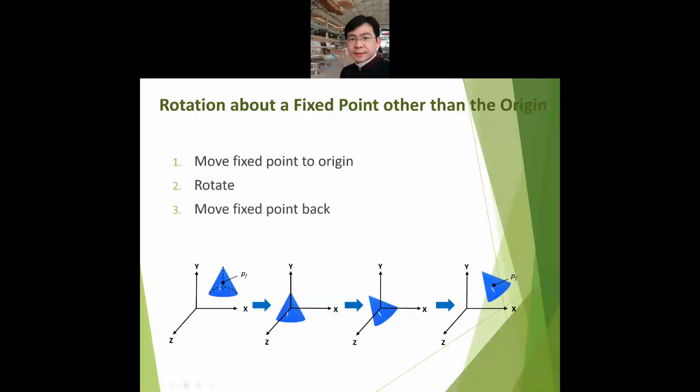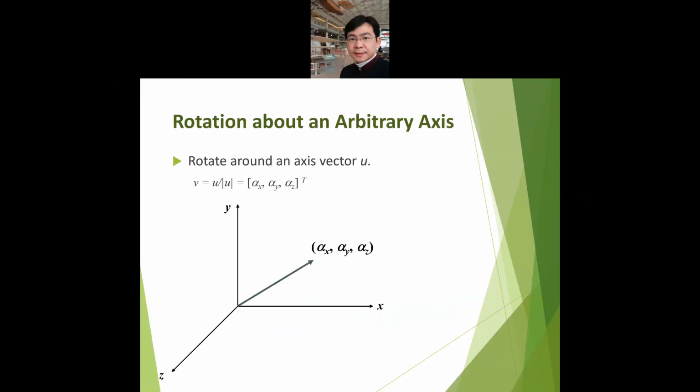Okay, so based on this idea, we can also extend what we have learned to some other more complex transformation. One of the popularly used ones is the so-called rotation about an arbitrary axis. So what is an arbitrary axis?